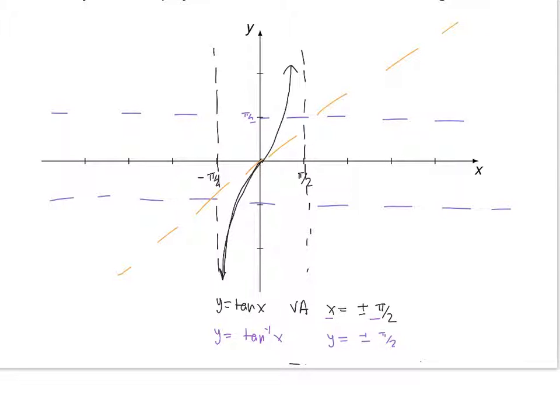Does that ring a bell? So what's going to happen then is this part that's right here is going to reflect and now go like this. And this part that's down here is going to look like this.